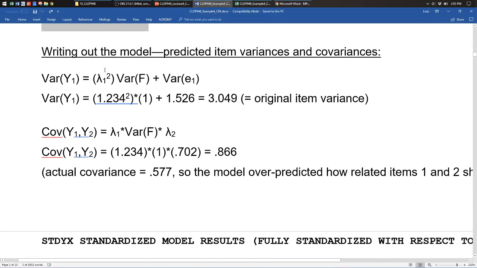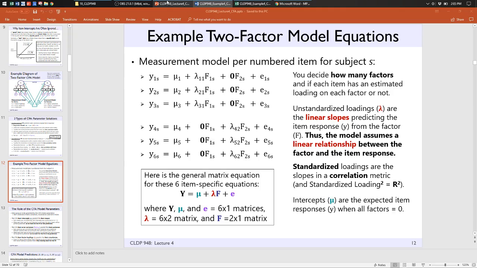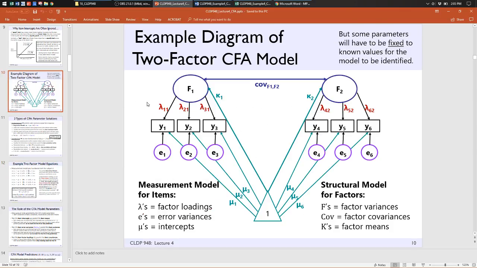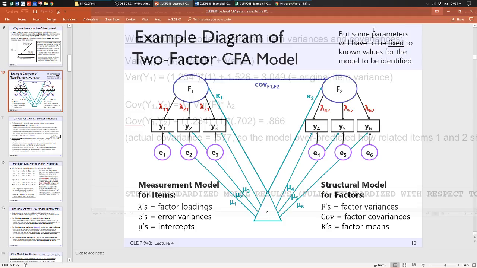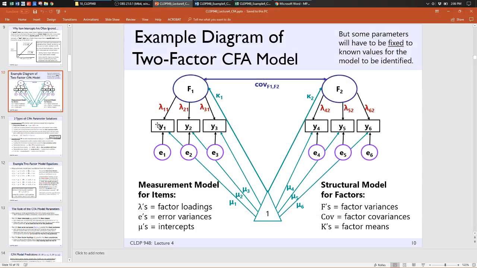Now, writing out the model. How well did this model do? Remember, the goal is to reproduce all of the covariances among these 6 items. If we go back to our picture, the covariance between, let's say, number 1 and 2, the predicted covariance by this model is the loading for 1 times the variance of the factor times the loading for the other.